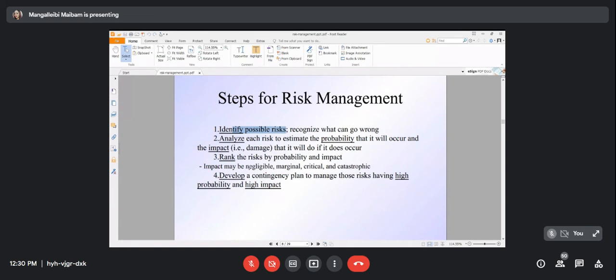Finally, a priority will be set. That priority setting is known as ranking of the risk. And finally, we have developing a plan to avoid the risk. Okay, these are the steps for risk management.